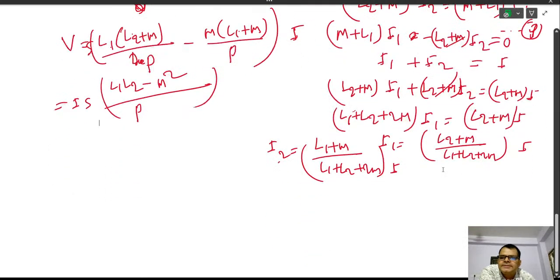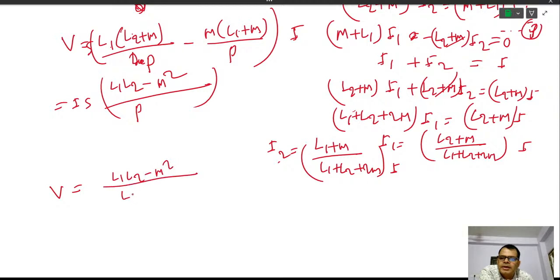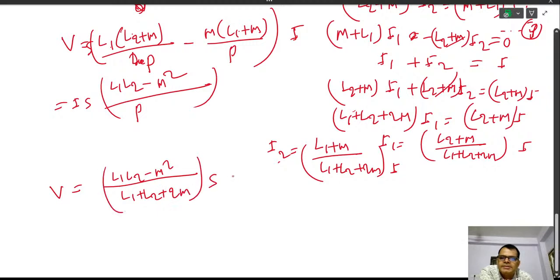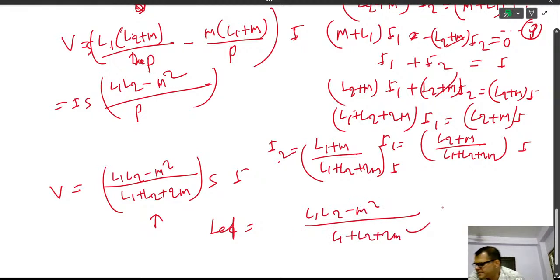That means your V is equal to (L1 L2 minus M square) upon (L1 plus L2 plus 2M) into s into I. That means this is an L equivalent, which is (L1 L2 minus M square) upon (L1 plus L2 plus 2M).